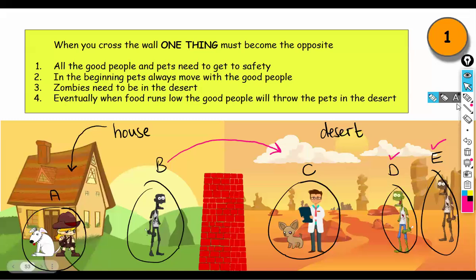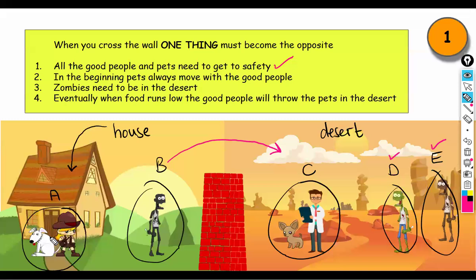Now, is person A on the correct side? Well, you will notice that person A is next to their dog. If you look at the notes here, right? The good people, sometimes they have pets, and pets are usually next to a person. Just like if you have a pet dog, because you and the dog are close and cool with each other, the dog, because it trusts you, will always be next to you.